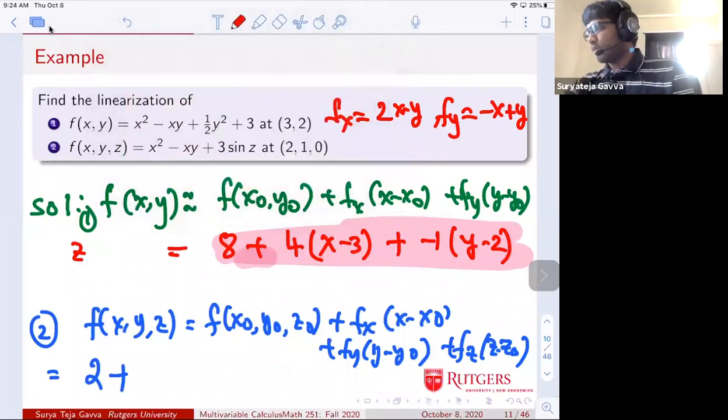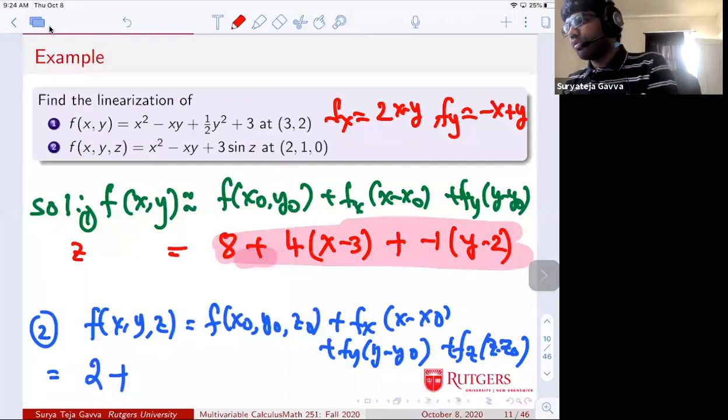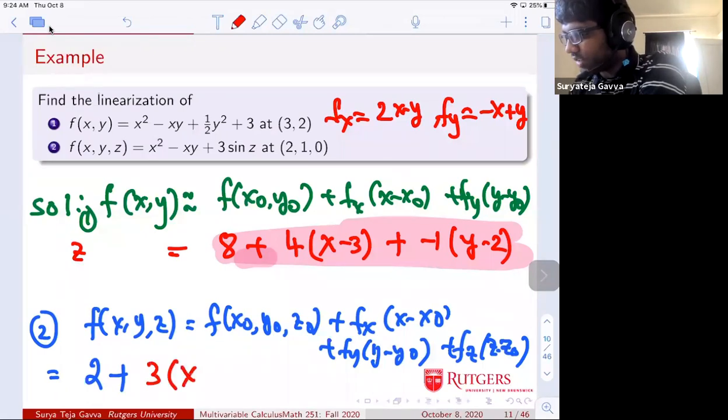What about fx? Can you tell me what fx is? You can compute fx, and this turns out to be 3. So you get 3 times x minus 2.